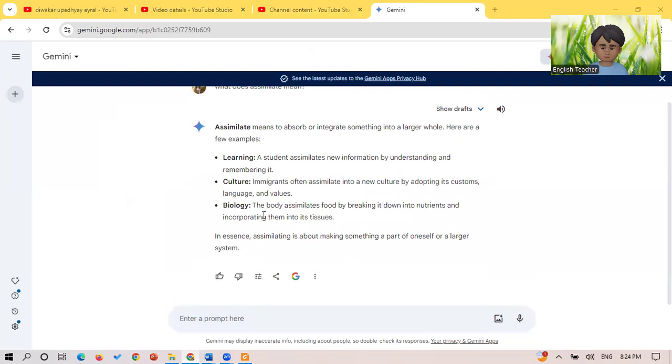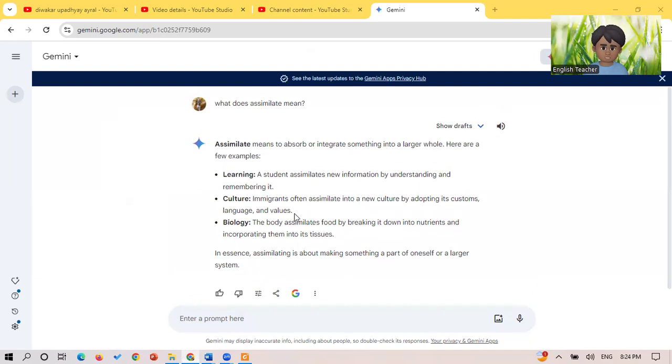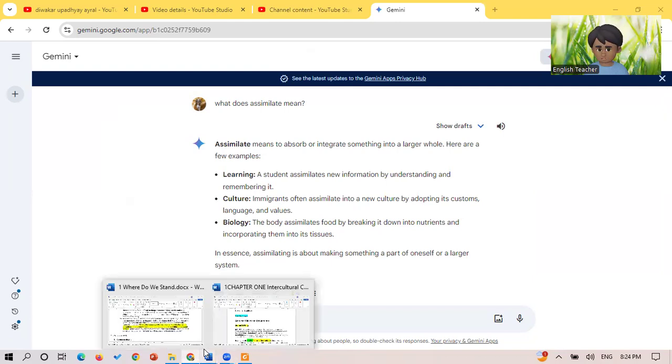In biology, the body assimilates food by breaking it down into nutrients and incorporating them into its tissues. So in learning, assimilate means following the new information, the new understanding, and then changing your existing understanding, right?